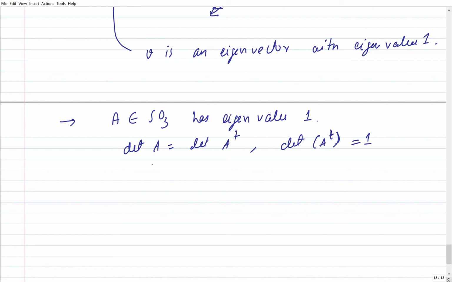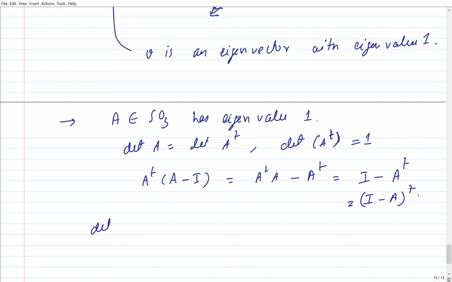So since A is orthogonal, A transpose A minus identity is A transpose A minus A transpose, which equals identity minus A transpose, which is identity minus A, transposed.